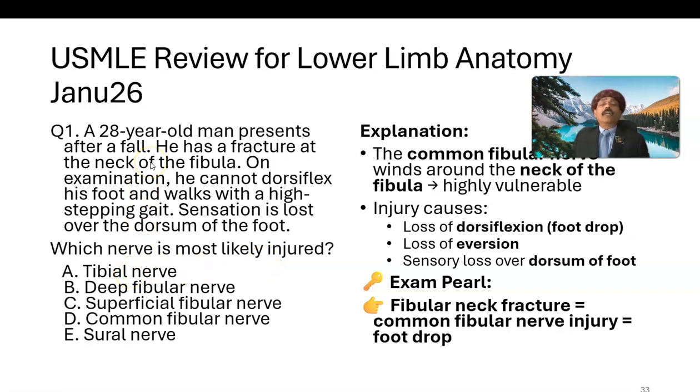Neck of the fibula, so our nerve is the common fibular nerve. The common fibular nerve winds around the neck of the fibula, highly vulnerable. Injury causes loss of dorsiflexion, foot drop, loss of eversion, and sensory loss over the dorsum of the foot. Then exam part: fibular neck fracture, common fibular nerve injury, foot drop.